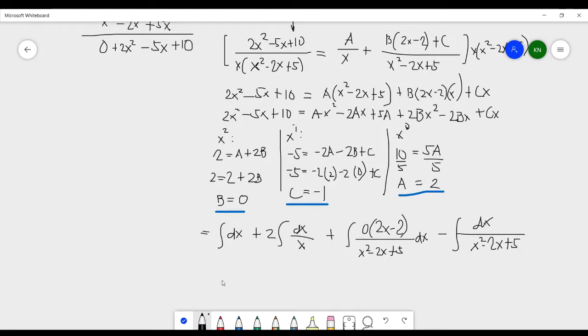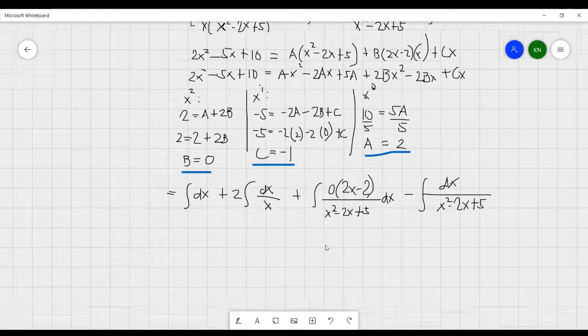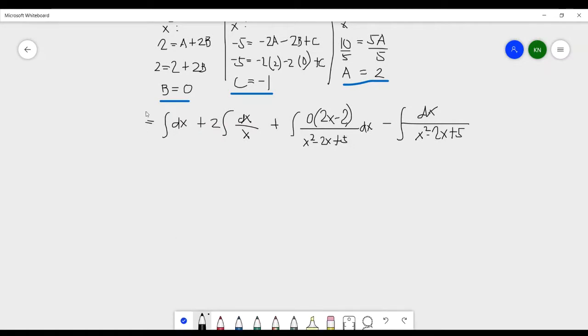So now we can already integrate this one. So the integral of dx, we all know that it is x plus the integral of dx over x, that is 2 ln of x. And for this one, 0 times any number, that is 0, so we can cancel this term. And for this one, as you can see, this is not a perfect square.